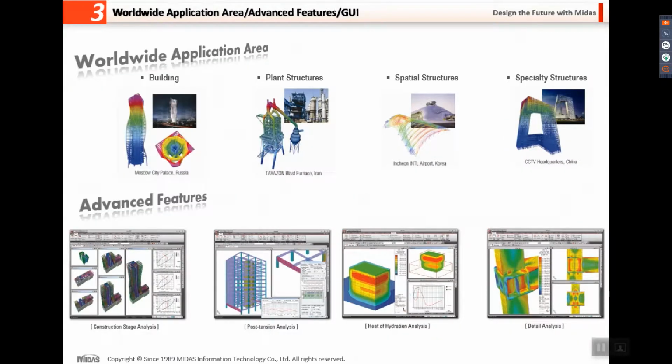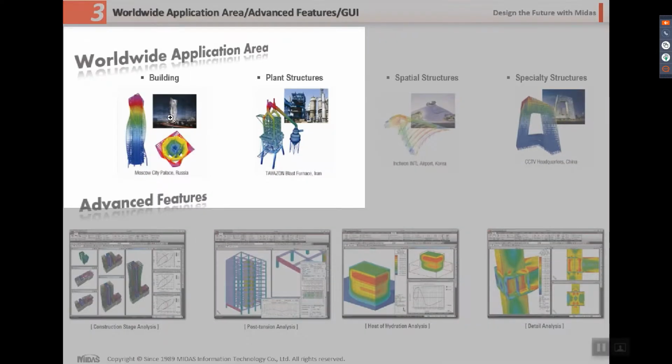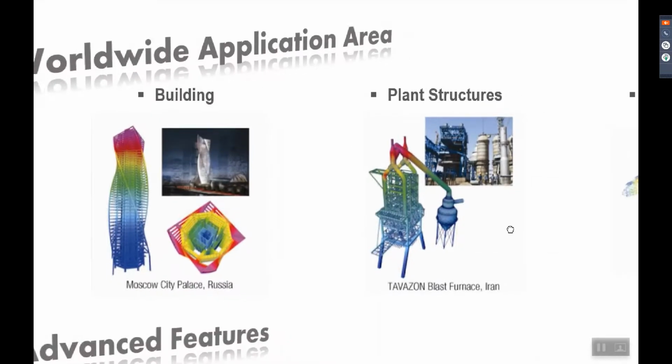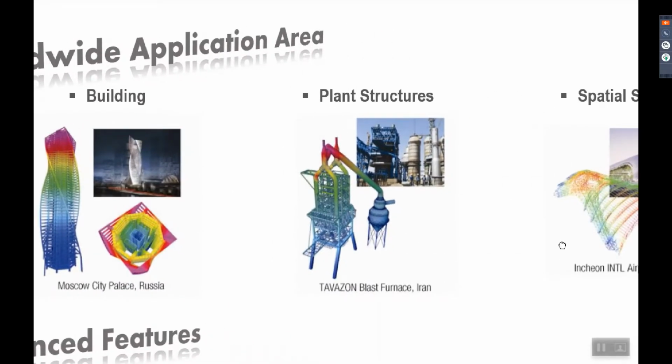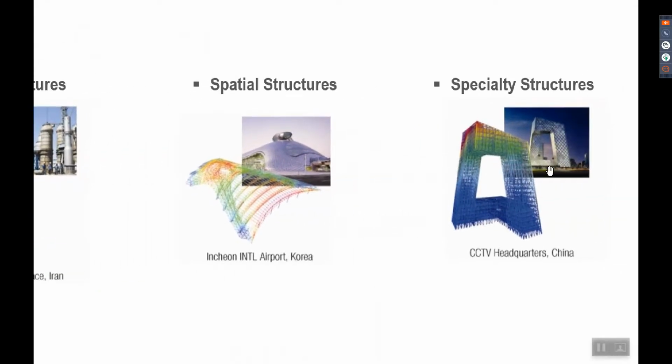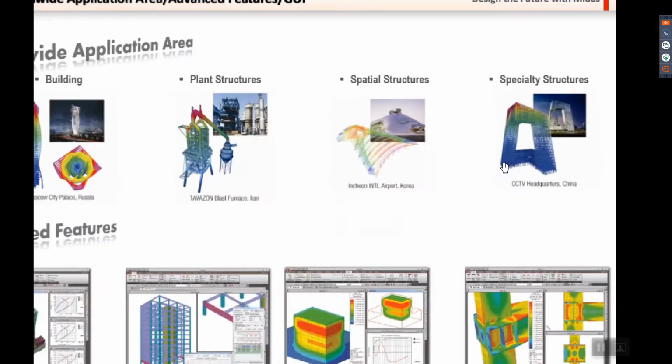So for the worldwide application area, advanced features, and the GUI, Midas Gen, we call it a one-stop solution for building and general structures. So why do we call that? Because we can actually analyze and design our buildings, plant structures, as well as spatial structures and specialty structures.